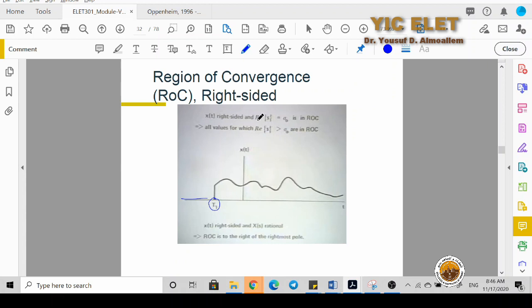For the right-sided function, if the real part of s equal to A0 is in the ROC, then all values for which the real part of s is greater than A0 are in the ROC.